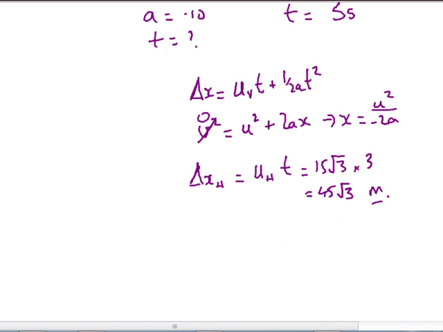Okay, and then the most complicated one that you could expect to see would be projection off a cliff at an angle. So let's make that 40. Let's work with the angle 30 degrees again, just because that makes it nice and easy. And let's go a cliff height of 50.